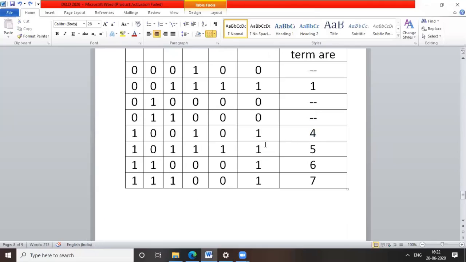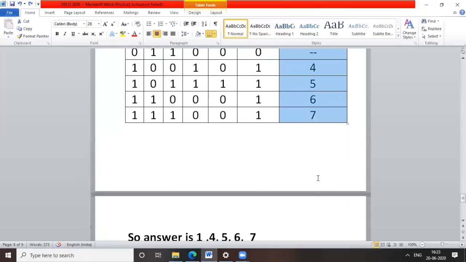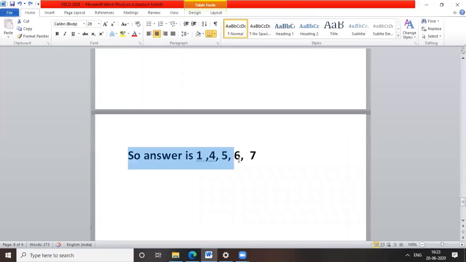You just have to convert these binary numbers into their decimal equivalents. For example, here it is 1, 1, 1, so the decimal equivalent is 7. So these are the minterms present in this function: 1, 4, 5, 6, 7. That will be our final answer.